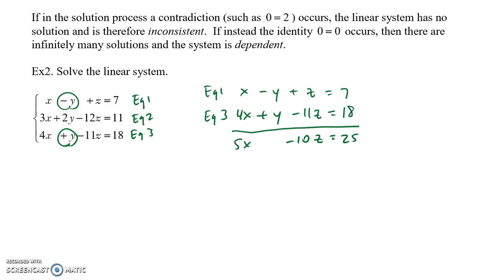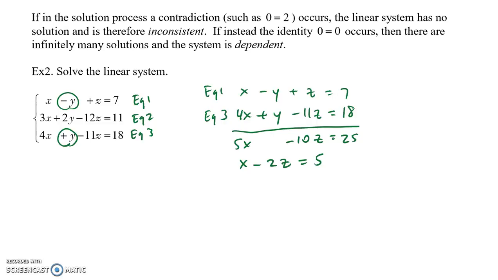Now notice there's a common factor of 5 that I can divide out. So let me just go ahead and do that. Dividing by 5, I would get x minus 2z equals 5. Okay, and I'll just stop with that. And what we need to do now is take a different pair of equations and eliminate y again.